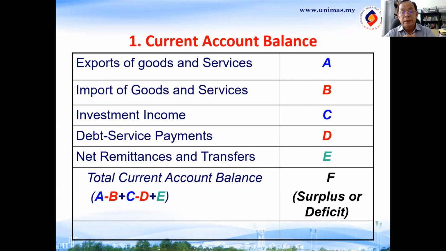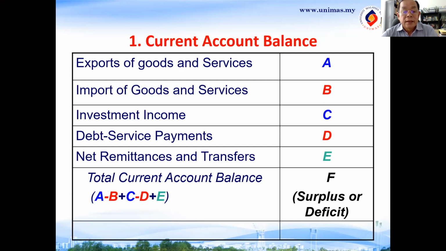On the other hand, we have B there. B is the account meant for import of goods and services. In other words, this is the payment that the country has to make, either by private individuals ataupun by companies and so on, or by the country. So import of goods and services, you have to pay for it. That's why I put the red color for B.